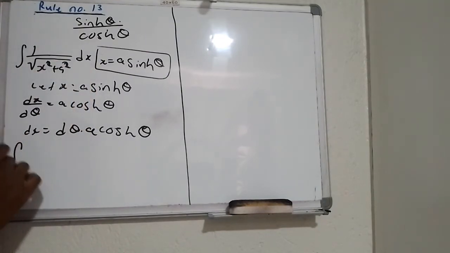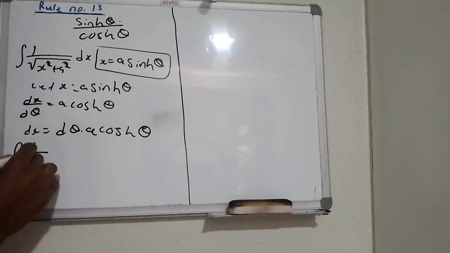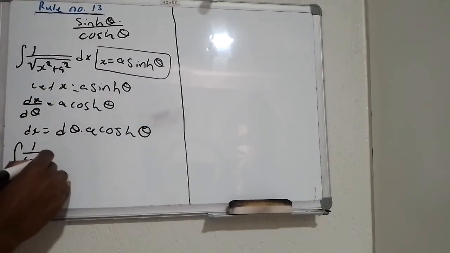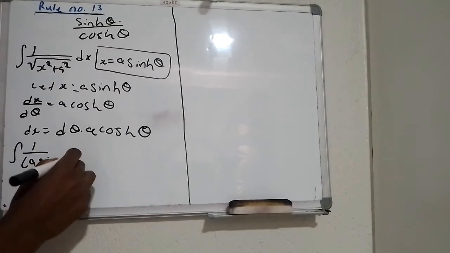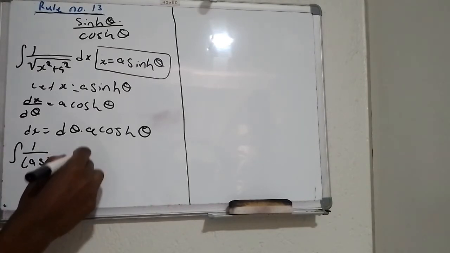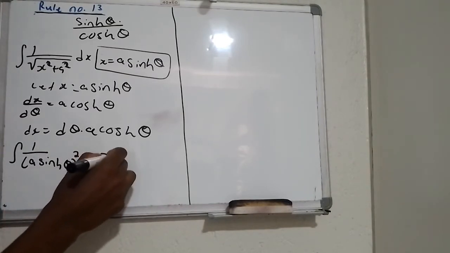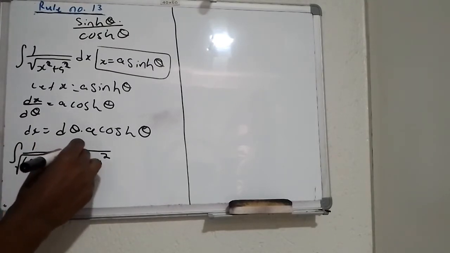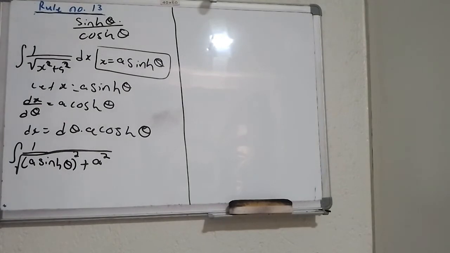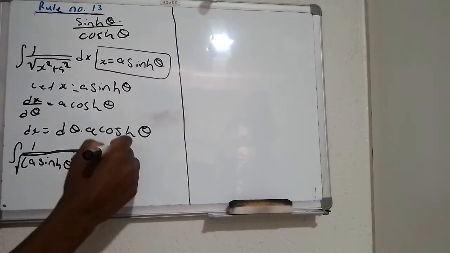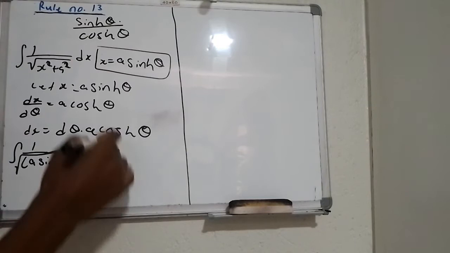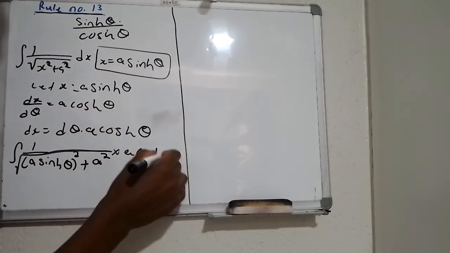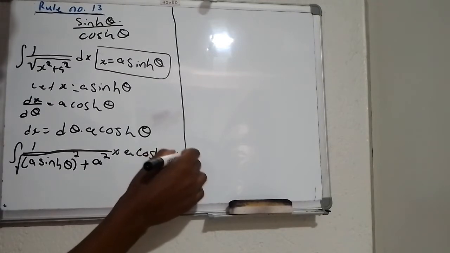Then I'll have the integral of 1 over, where I substitute x, a hyperbolic sine theta, all squared, plus a squared, not forgetting my square root, multiplied by a hyperbolic cos of theta d theta.